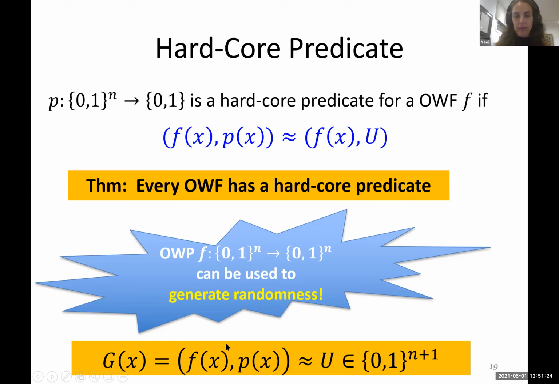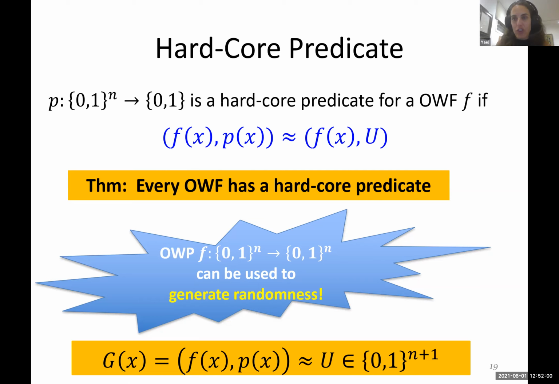What do I give you guys? The first n bits are going to be f of x. These are n bits of randomness. They're all random because f is a permutation, so it takes n random bits to n random bits. But I promised you one more bit. My additional bit is going to be the hardcore predicate applied to x. Now, this really has no randomness in it because, you know, from f of x, I mean, it's hard to invert, but, you know, it's sitting there.